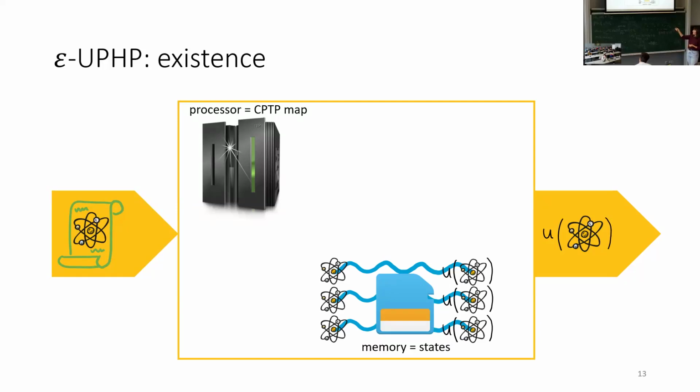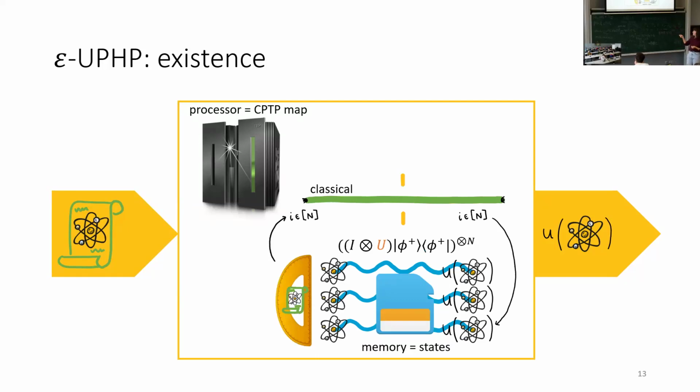This is the memory. And now the processor just does the protocol for port-based state preparation: it gets as input the classical description of the state and does the protocol by making calls to the memory, which is this unitary applied on Bob's half. Then when you pick a port, you get the output, the unitary applied on the state.